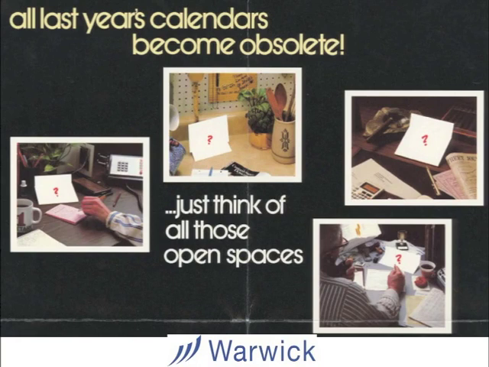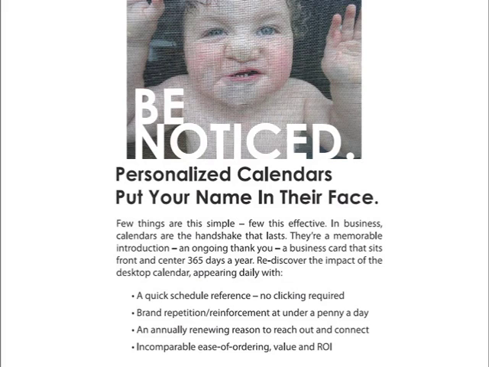Those empty spaces need to be replaced. You don't know when that pen's going to run out of ink, or when the hat's going to be placed on the head, or the T-shirt's going to be worn, or the battery in the electronic piece is going to run out. But on a calendar, you know something's going to happen on December 31st, and that is you're going to need new calendars.